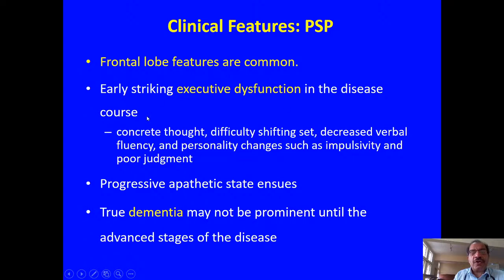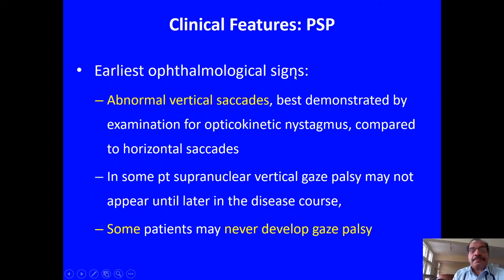And other features of frontal lobe abnormalities may be there, like concrete thought process, difficulty shifting states, etc. And subsequently, the frontal lobe dysfunction may result in decreased interaction with the people around. So patient may have severe apathetic state. And as the disease progresses, there will be more dysfunction of the higher mental functions. So patient may be having severe dementia.